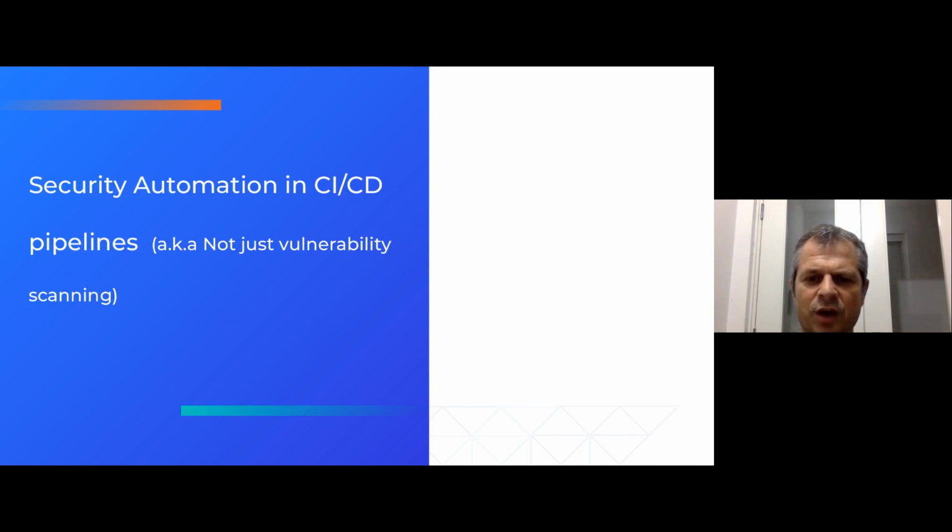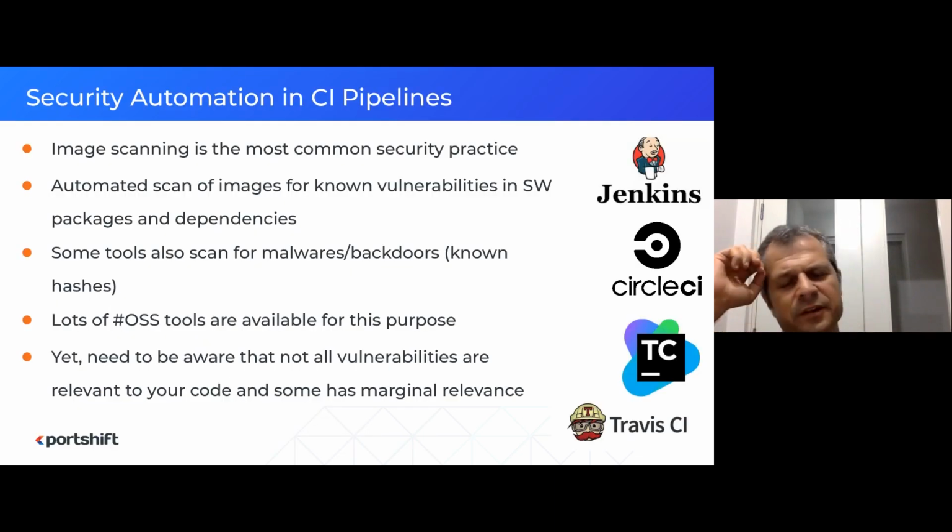Let's talk about how do we automate and how do we bake our security into our pipelines. Let's start. So the most classical and probably the most common practice is to scan images. Okay, that's easy. We can automate scan of the images while we build those images.